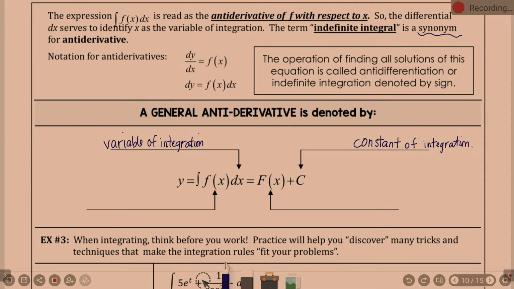Your original f of x is one way to talk about it, your integrand. It's what you are integrating. And then capital F of x is going to be your antiderivative.